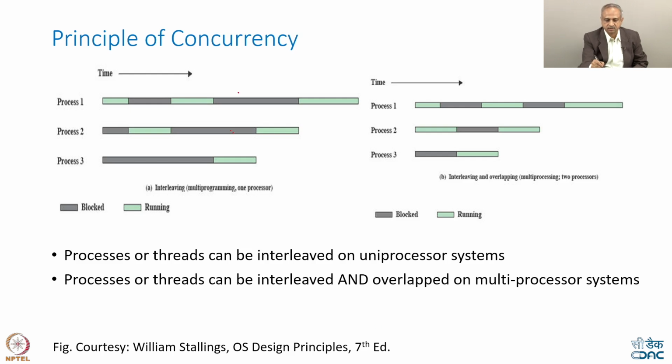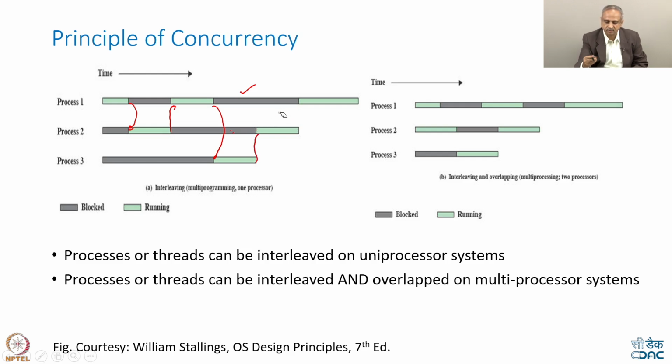In the first case, we have interleaving, that is multiprogramming, on a single processor. Here you will notice that when process 1's slice ends, process 2 starts. When process 2 ends, the CPU executes process 1 again, and when process 1 finishes, the CPU core is assigned to process 3, and then process 2 and process 1, and so it goes on.